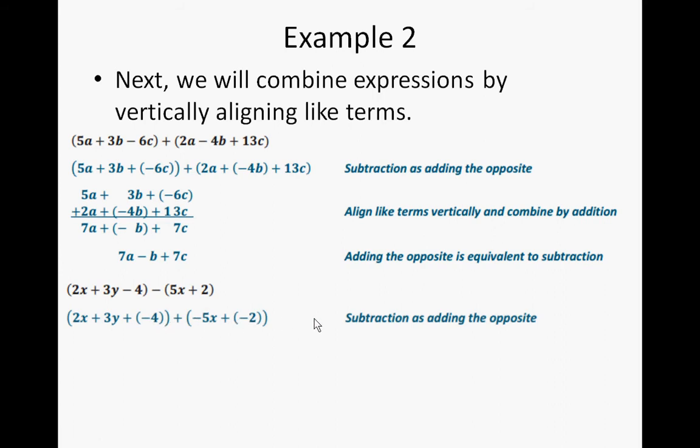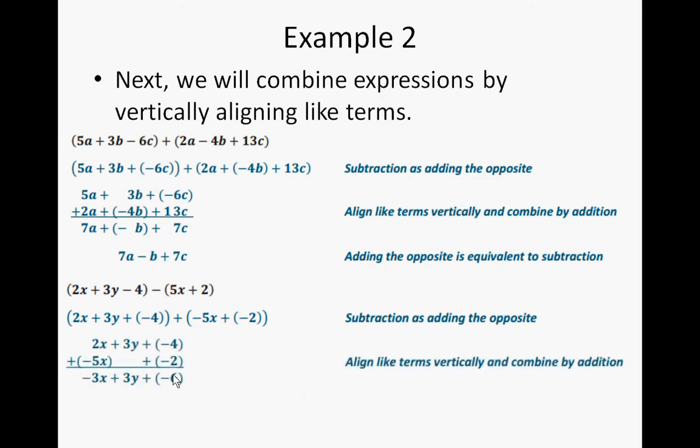All right, let's do subtraction as adding the opposite. With this expression, we would have plus a negative 4. And then again, since we're subtracting this group, we end up adding the opposite of each term. So this becomes negative 5x and plus a negative 2. Aligning our like terms, we don't have any y's, so this stays blank.